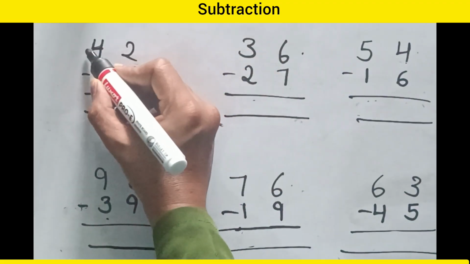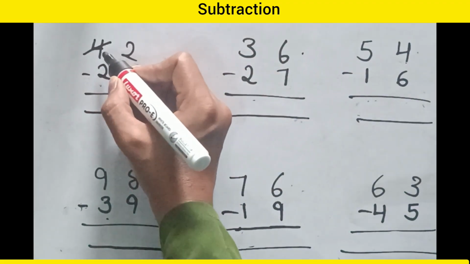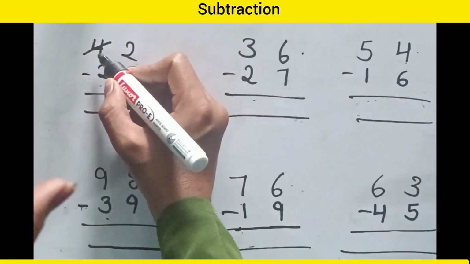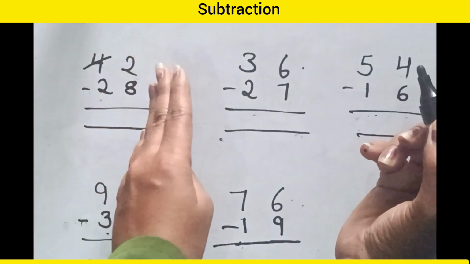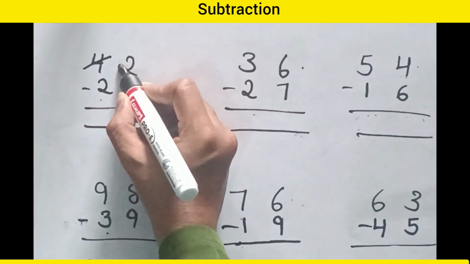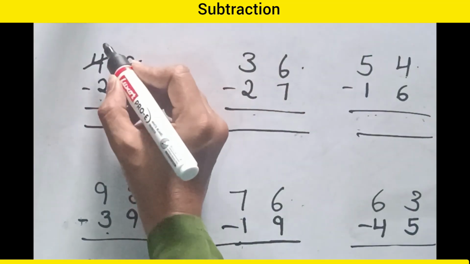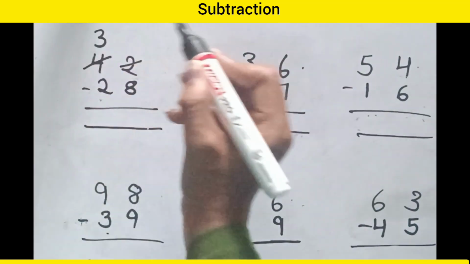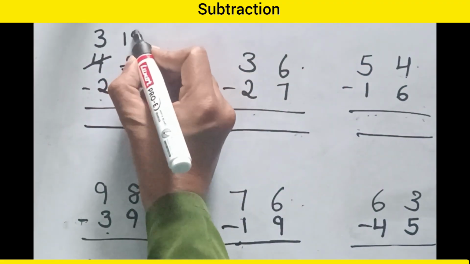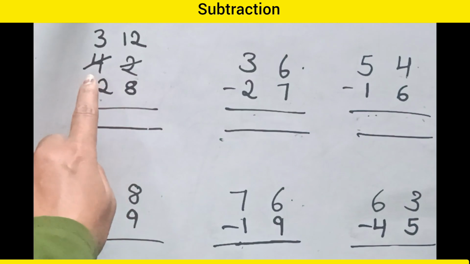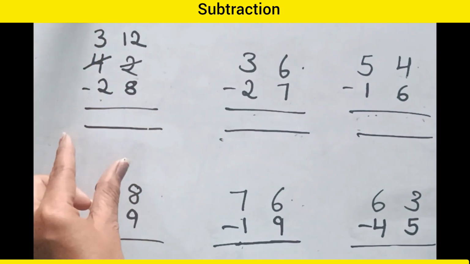So cross sign here. 4 minus 1, because this will give its one digit to the next one. How much are we left with? 3, because one step back, and it will become 12, because 4's place value is tens.